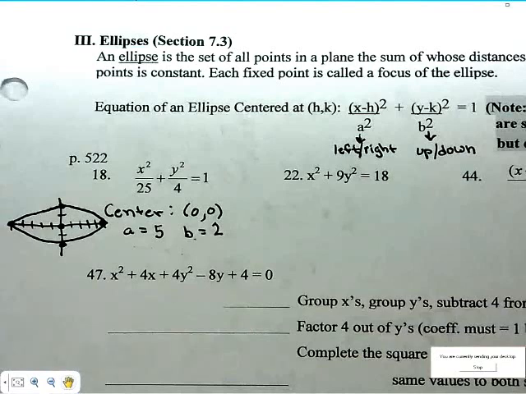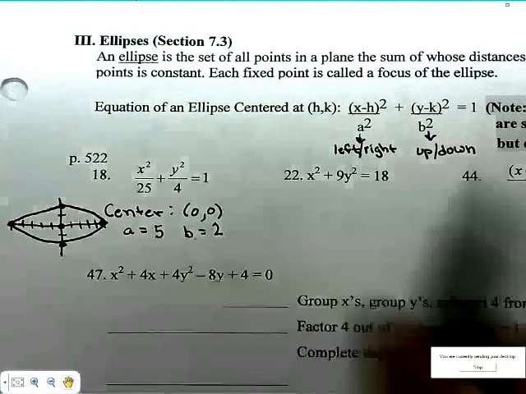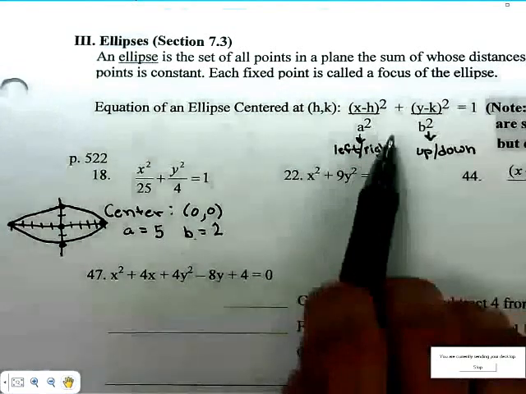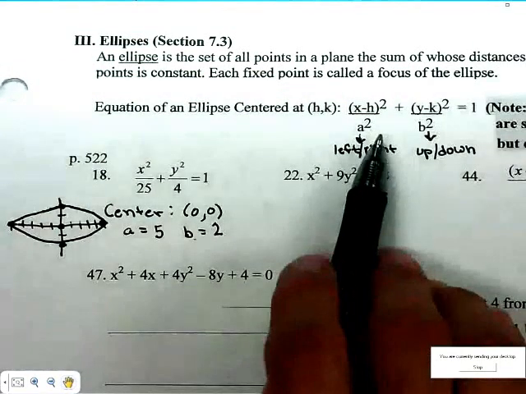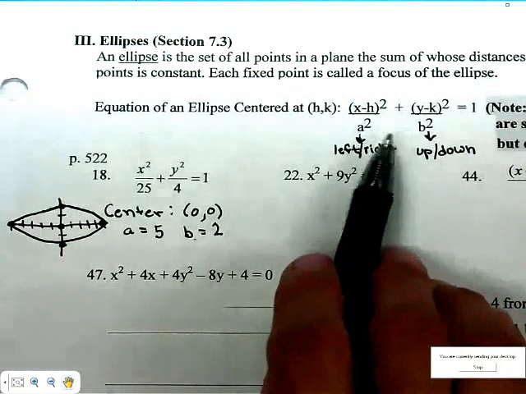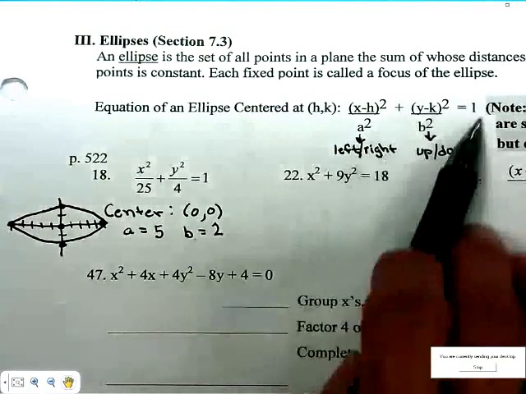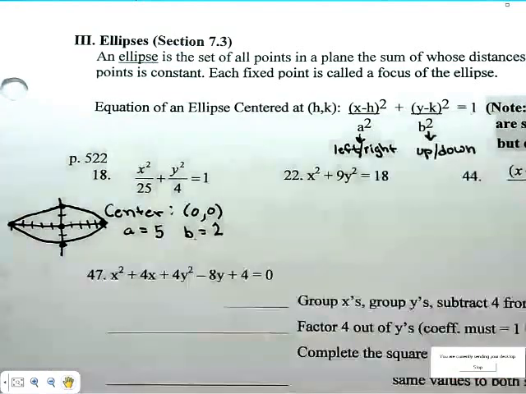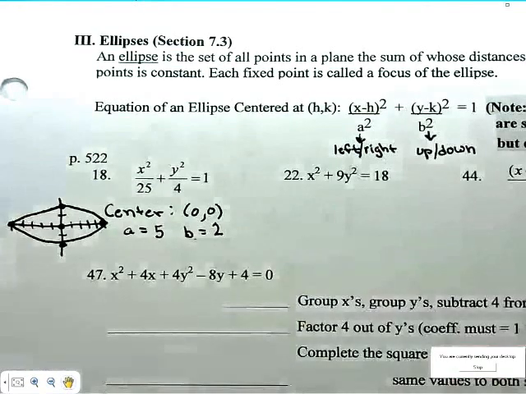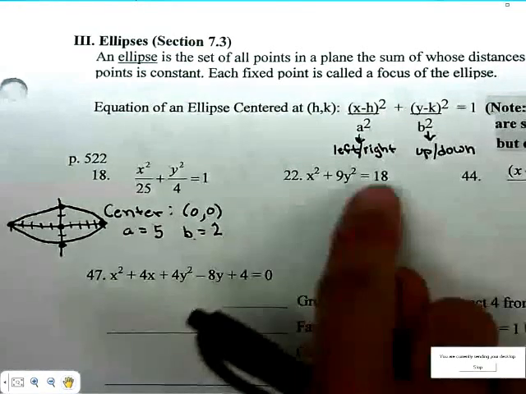I don't want to do that, though. This form is the form that you need an ellipse in order to be able to see the center, the A and the B. And in order to see that, you have to work until you get a 1 on the right-hand side. Now, number 22, we don't have that 1 on the right-hand side.